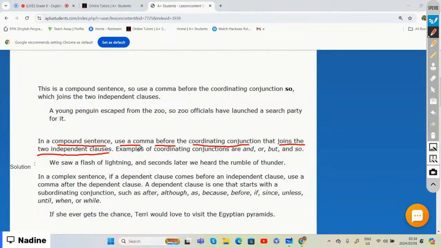Your coordinating conjunctions are words like and, or, but, so. These words are literally in the middle of the two independent clauses, and they join those two sentences or clauses to make one compound sentence, right?